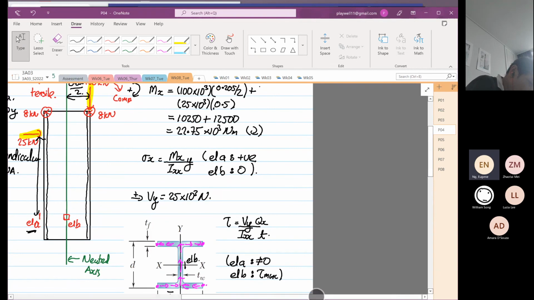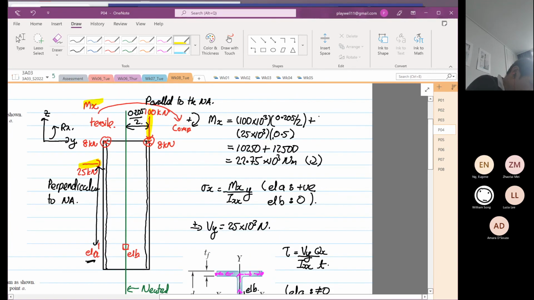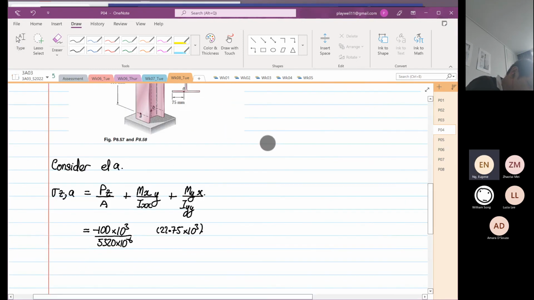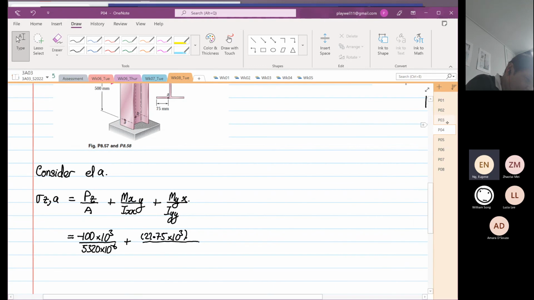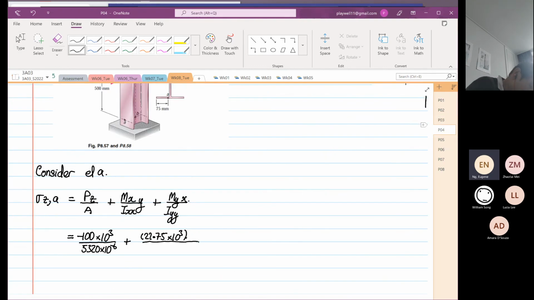So we know that Mx at A, so this is our Mx, and element A is going to be what? Tensile. So it's going to be positive, which we have specified down here already. Then divide by our Ixx. So our Ixx value is 40.8 times 10 to the power minus 6.